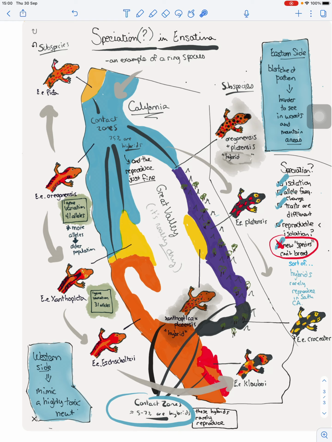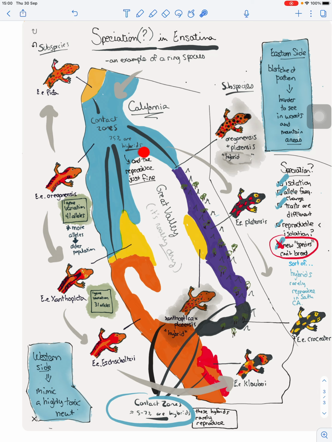So what we've kind of got here is a snapshot of speciation, okay? We're taking a picture at this moment, and we found that speciation is starting to occur, but it's not finished yet because there's still some bits here.